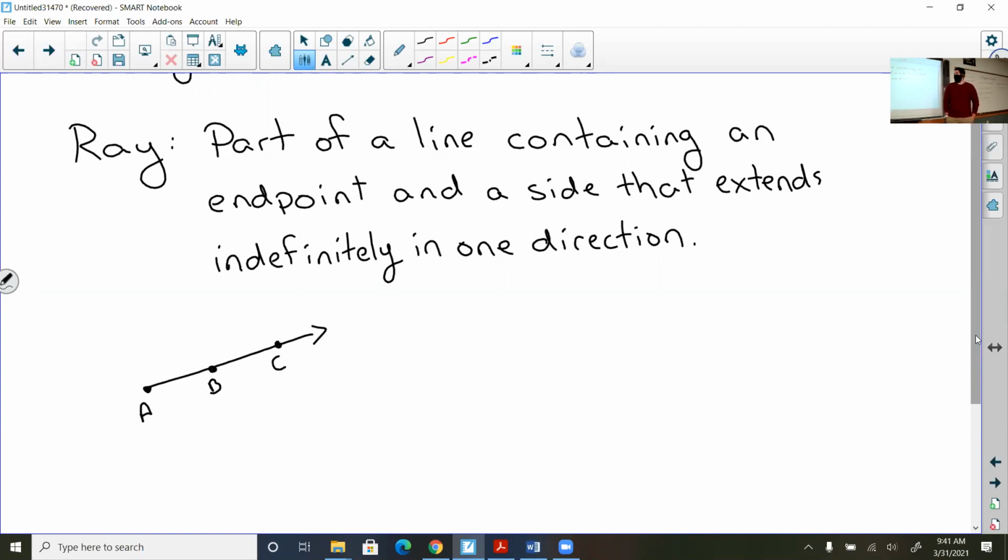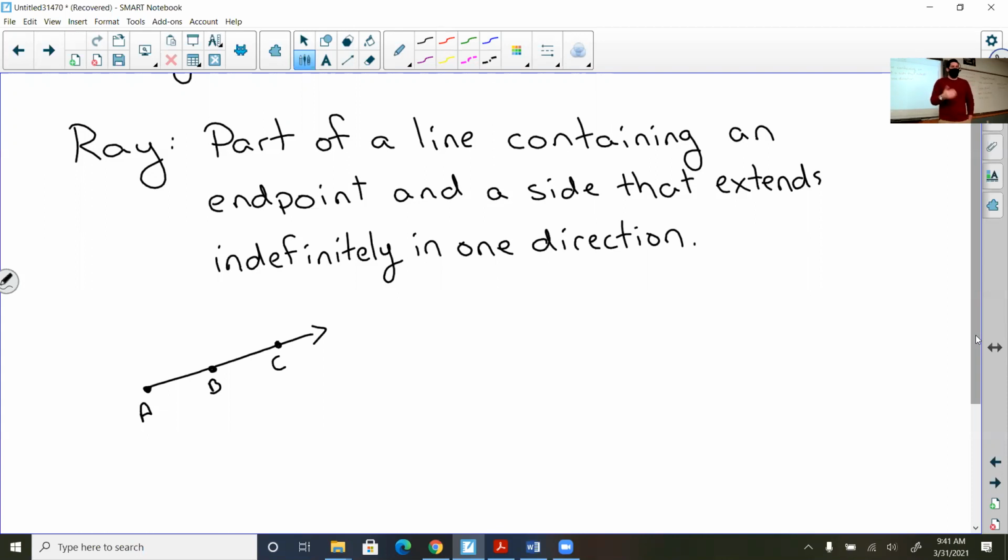So even though it's a ray, I can still say that A, B, and C are collinear because they're all found in a line. You can be collinear on a line, you can be collinear on a ray, you can be collinear on a line segment. As long as it falls in a line, you are collinear. So A, B, and C are collinear, but these points have certain importances over the other.